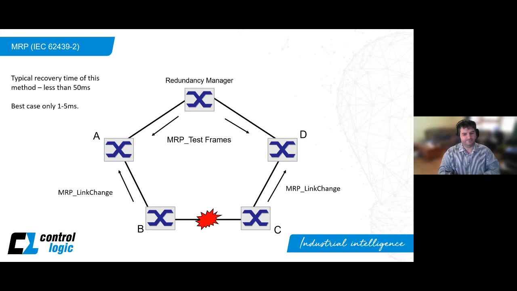There is certainly a consideration of distance when you calculate the recovery time. But since the speed of data across the network is so fast, it's very much the smallest amount. What we generally advise when someone asks this question is to put the redundancy manager somewhere where people will see it as a normal part of operation, because it actually has a notification on the front of it, a little like a status light generally, or a terminal that will say everything is fine, I'm getting back my test frames.